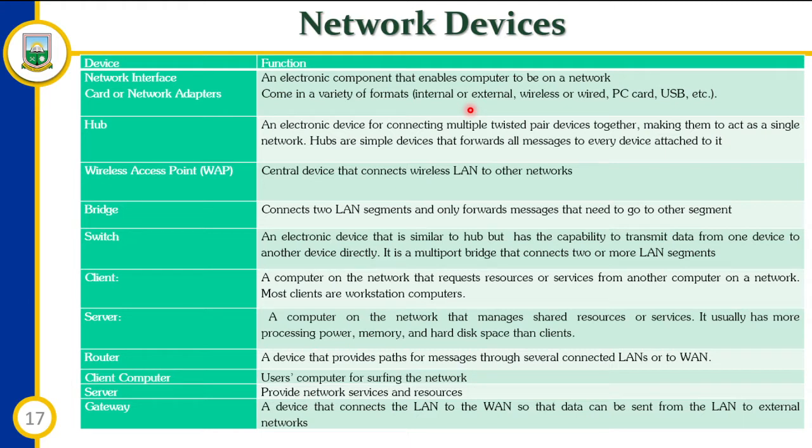So in the situation where you want to have your desktop computer in the lab on a wireless network, you would have to get a wireless network interface card. And it could be in the form of a PCI card or a wireless USB. You can just buy a wireless USB, plug it into the USB port, and you have access to it.